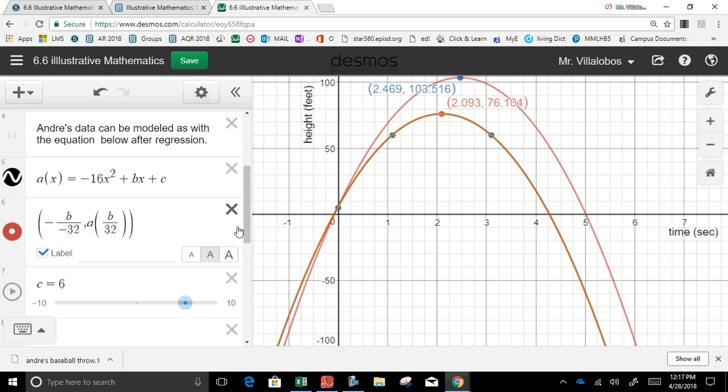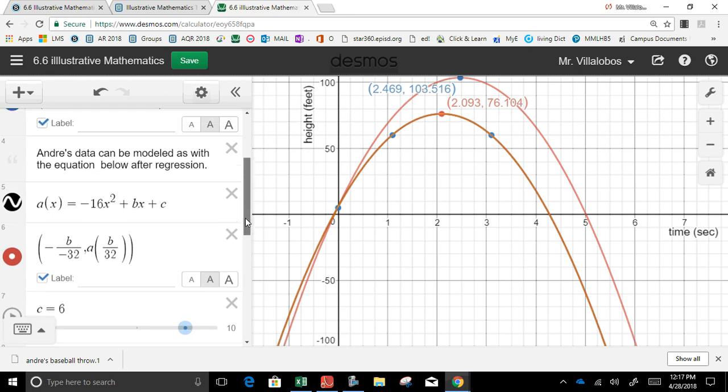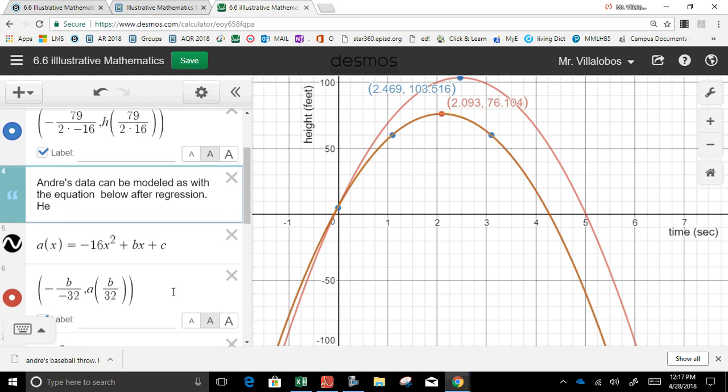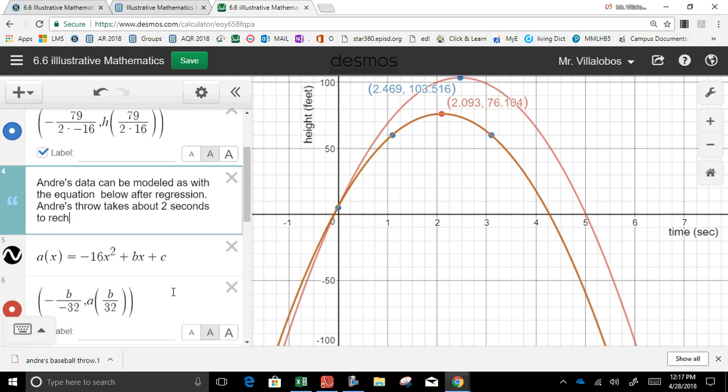So at most, Andre's throw takes about 2 seconds to reach a maximum height of about 76 feet.